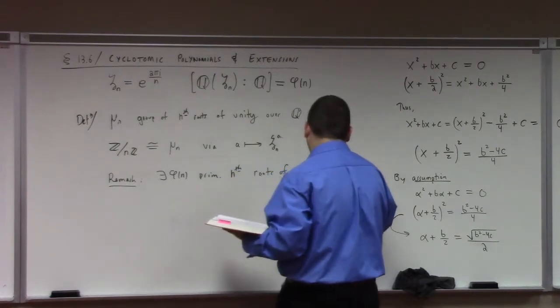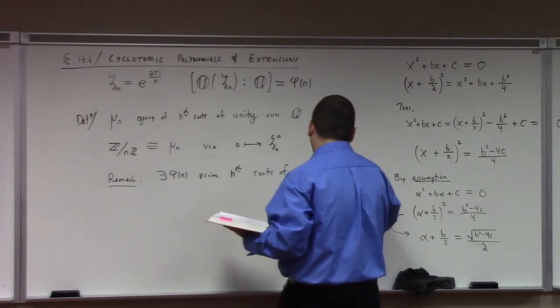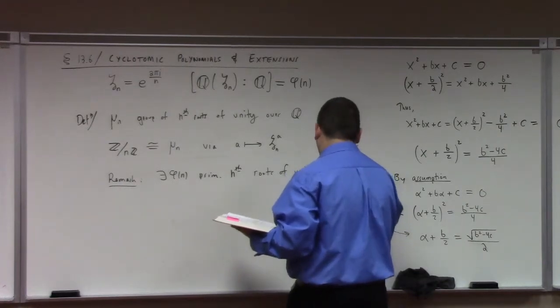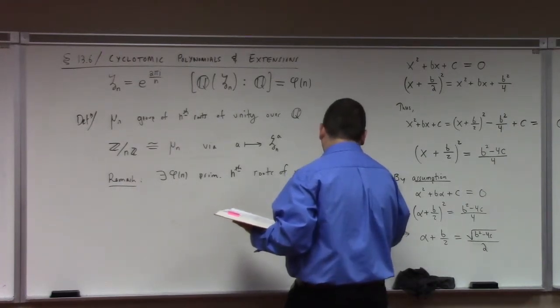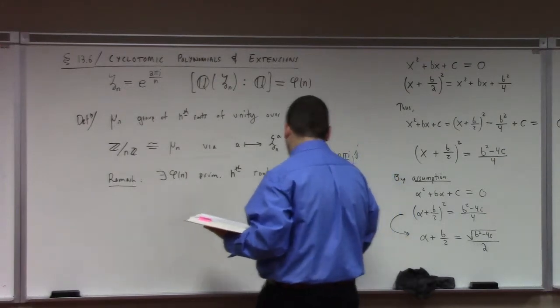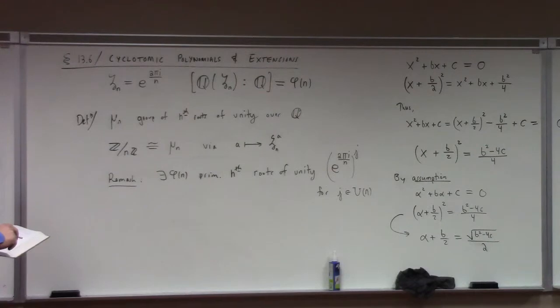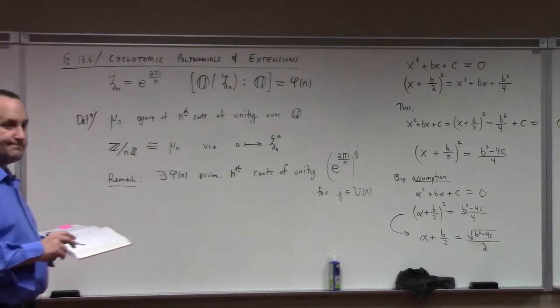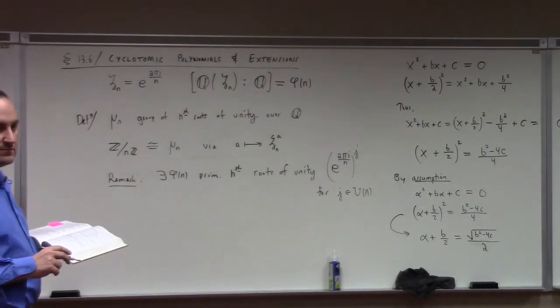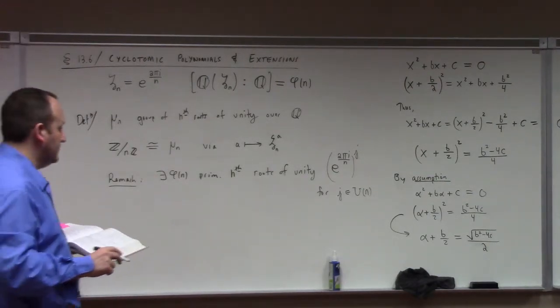Here, I'll even tell you what they are: e to the 2 pi i over n to the j power, for j in the units of mu n, because he's calling it mu n.